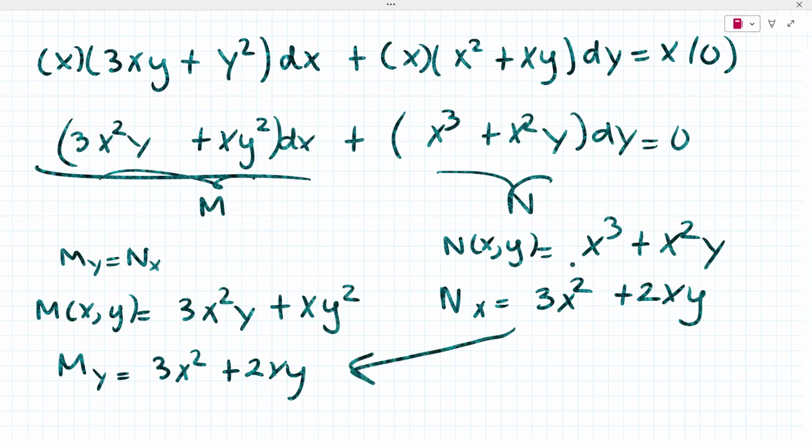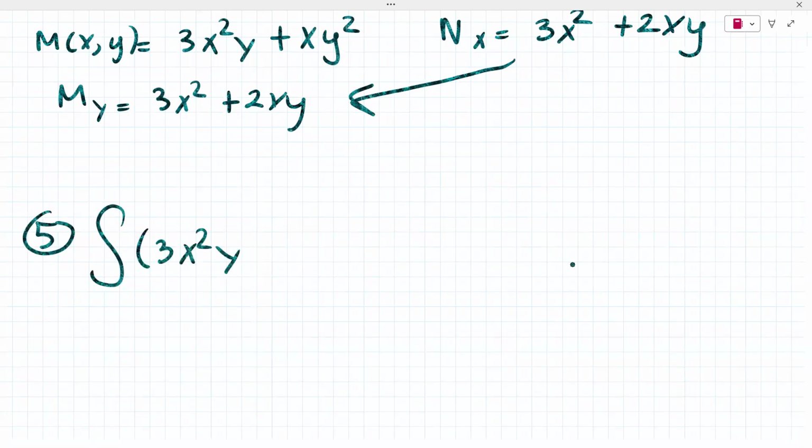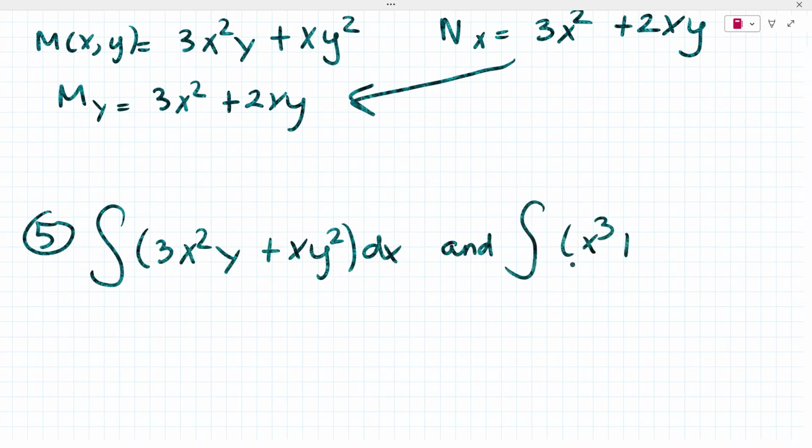So then what you would do is your integration of both sides. So take the integration of 3x squared y plus xy squared with respect to x, and then take the integration of x cubed plus x squared y dy.